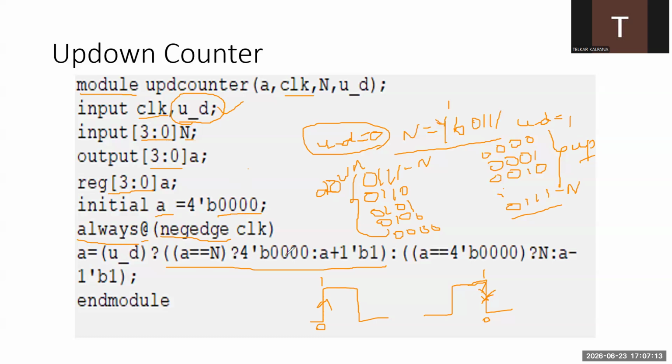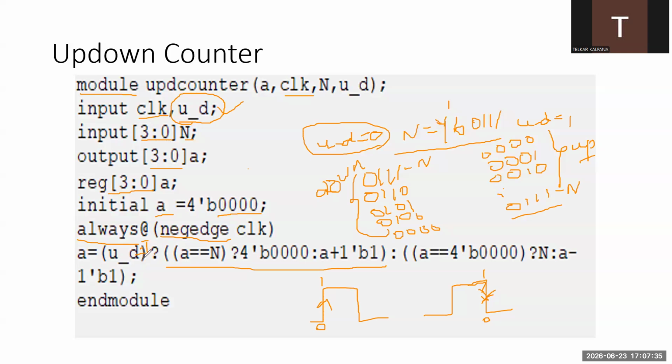If it is equal, then 0 will be assigned to A. If this condition is not satisfied, A will be incremented by 1-bit of 1. Now, let us take the example that u_d equals 1.